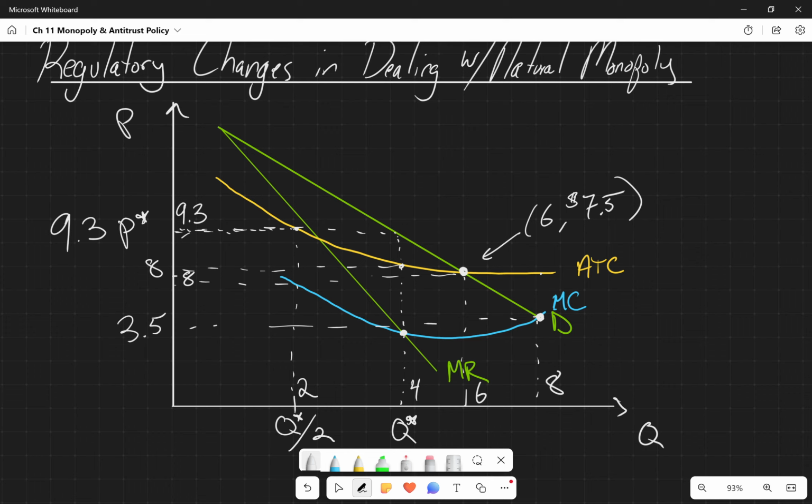But if we have them price and produce where the demand crosses the average total cost, the price to the consumers improves, goes down from 9.3 to 7.5. And the monopolists are still earning zero economic profit. So there's no incentive for them to exit the industry.